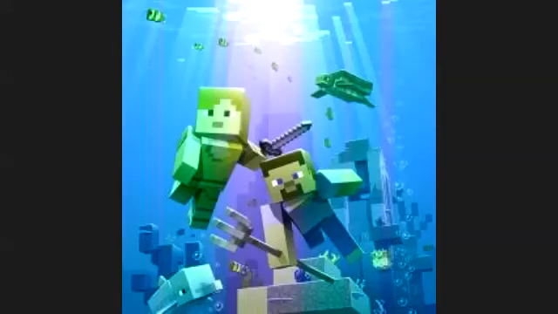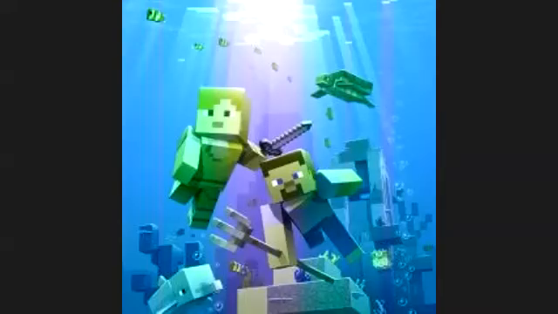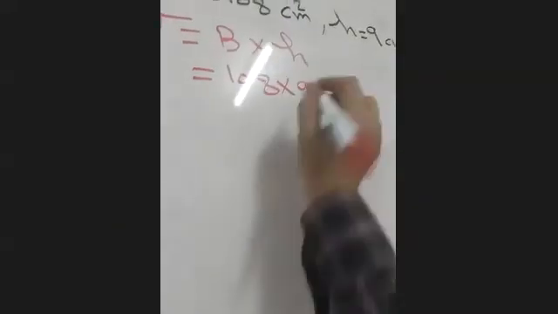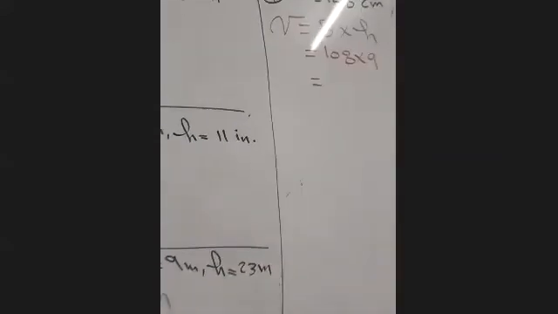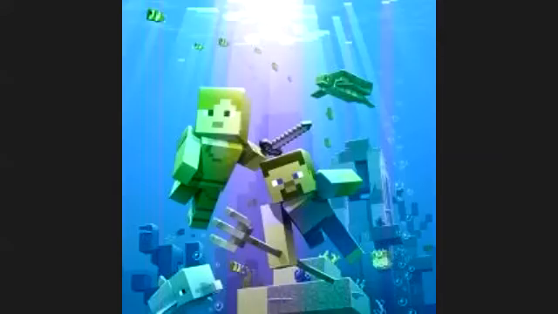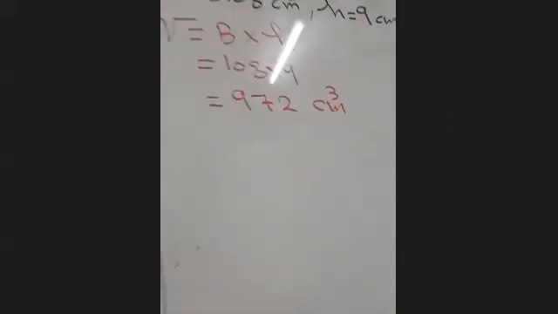How much is big B? 108, multiplied by the height, 9. Multiply normally, right? It equals 972 cubic centimeters.